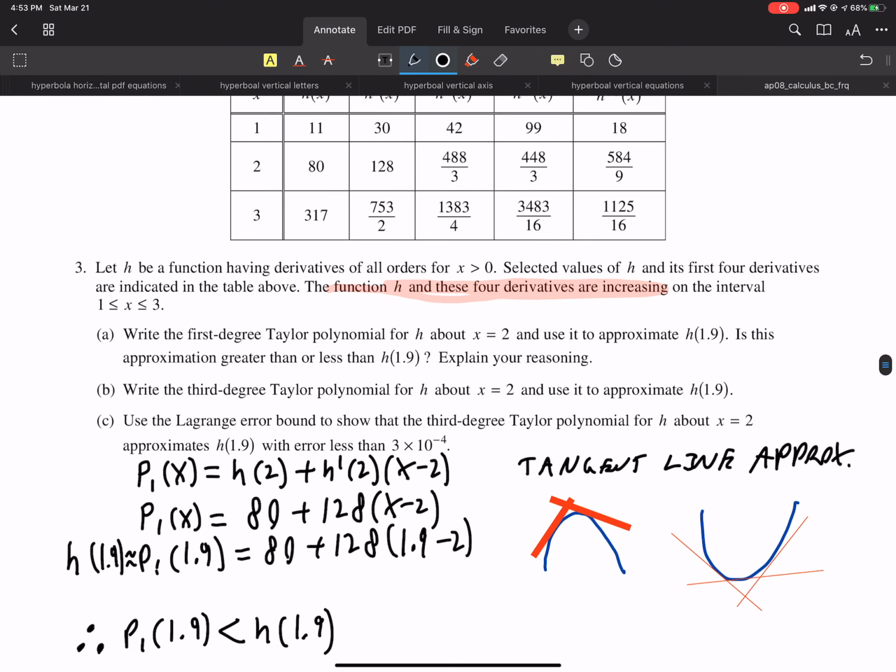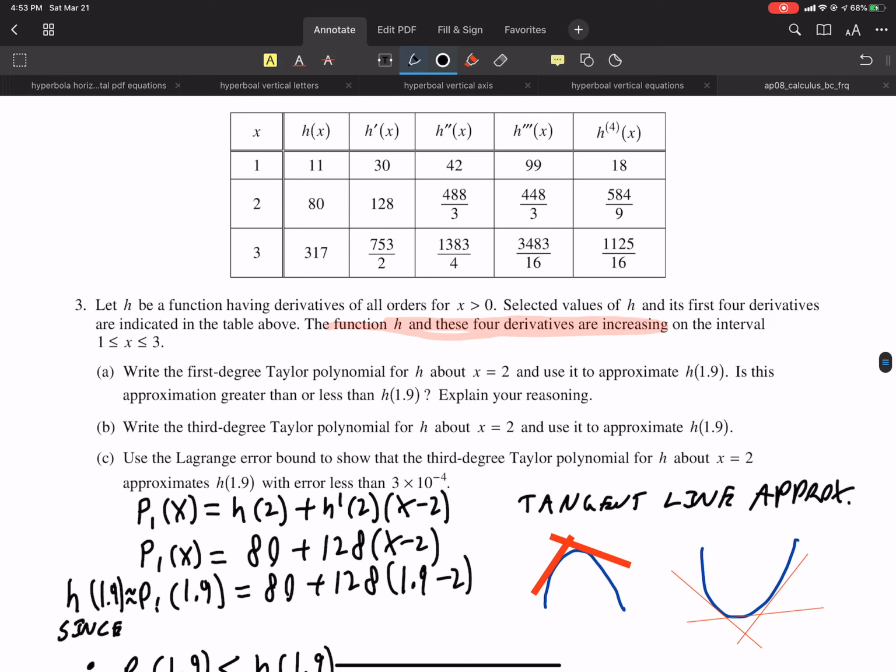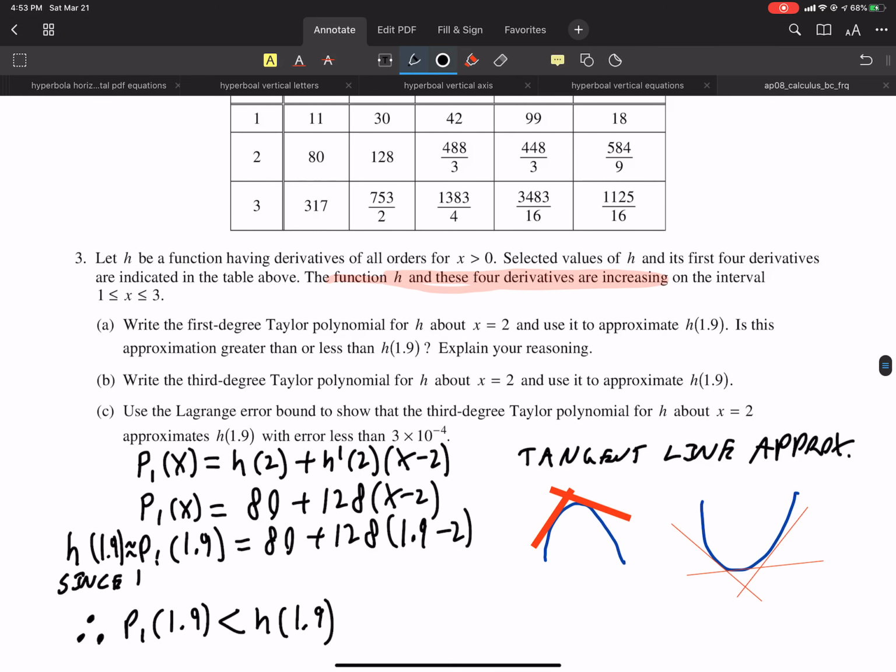So since h double prime at 1 is positive and h double prime is increasing, therefore h double prime at 1.9 has to be positive.